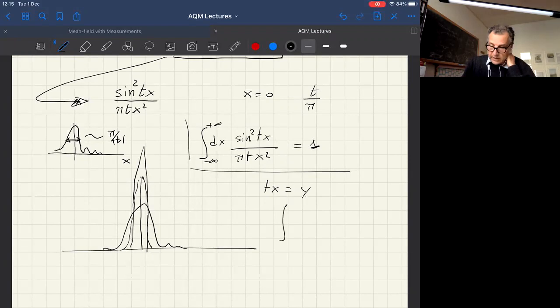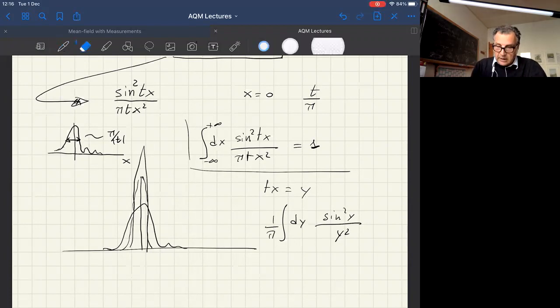Then you see that the integral of dy of this becomes sine squared y divided by π y squared. So this means that the integral does not depend on time. Then if you do it, it turns out that it is 1.